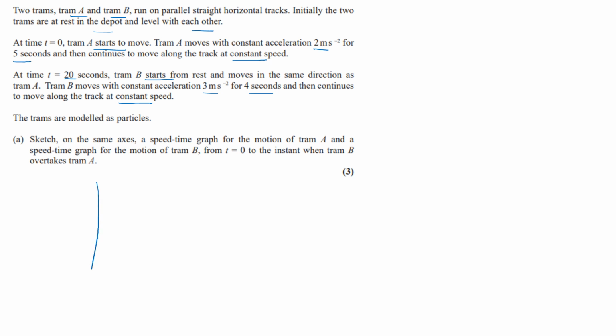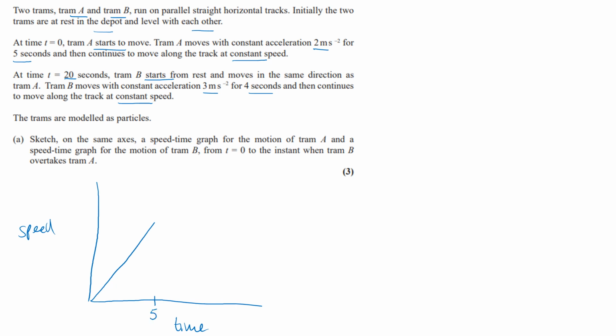So let's put our axes in. Our speed-time graph, we've got speed on the y and time on the x. So A is going to start at t equals 0 and it's going to move with acceleration of 2 for the first 5 seconds.